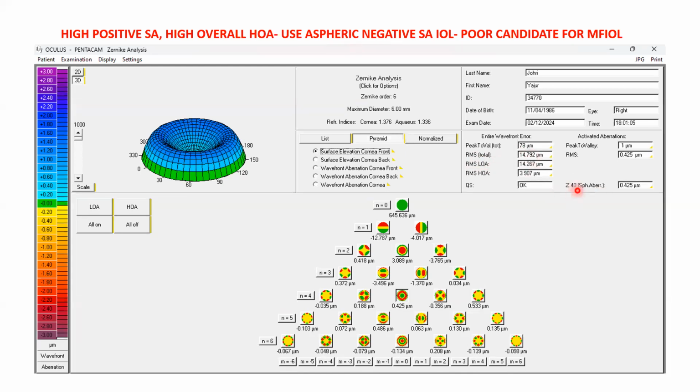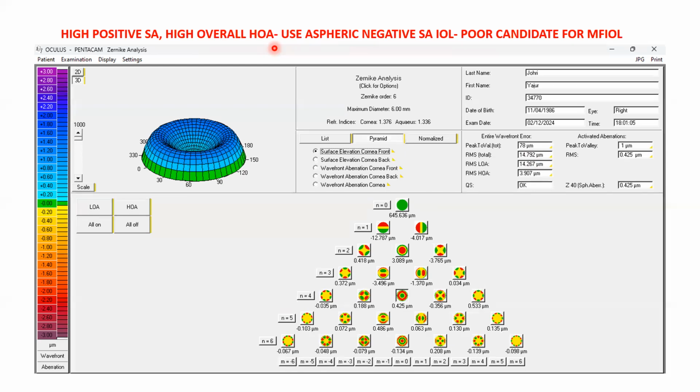The Z40, which is the spherical aberration itself, is 0.4. And it is positive. So this patient has a high positive spherical aberration and high overall higher order aberrations. So in this patient, if we were to do a cataract surgery, we will use an aspheric negative spherical aberration IOL to counteract the very high positive spherical aberration of the eye.